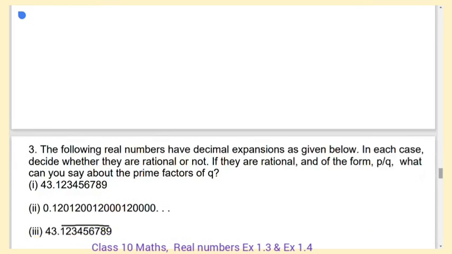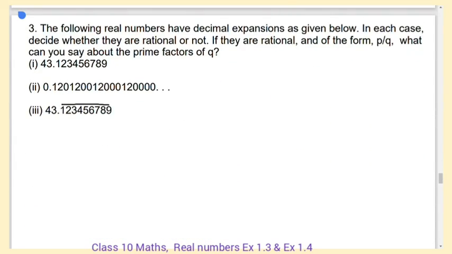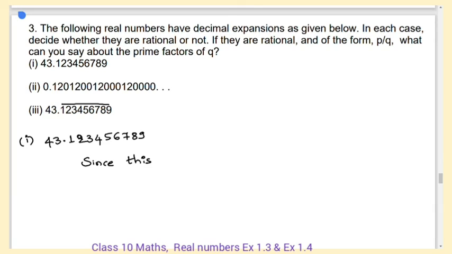Now question number 3. The following real numbers have decimal expansions as given below. In each case, decide whether they are rational or not. If they are rational and of the form P by Q, what can you say about the prime factors of Q? First question, 43.123456789.